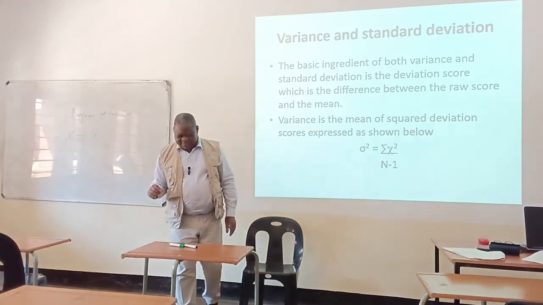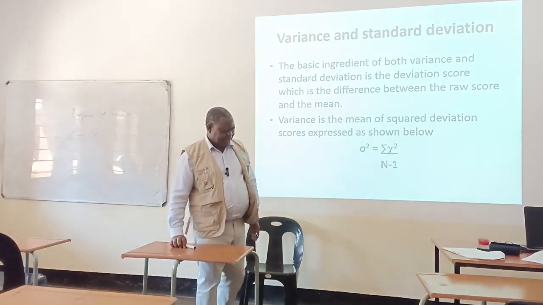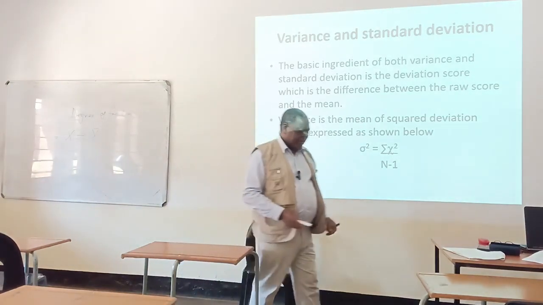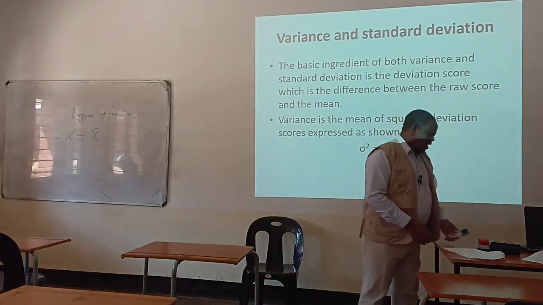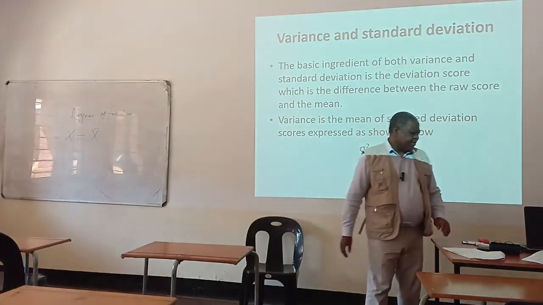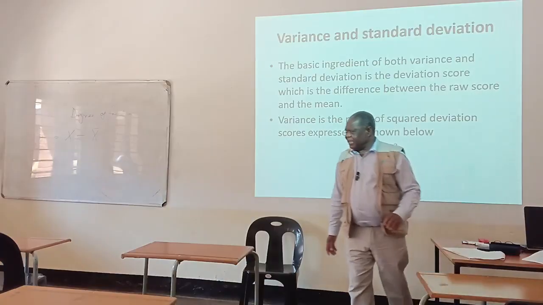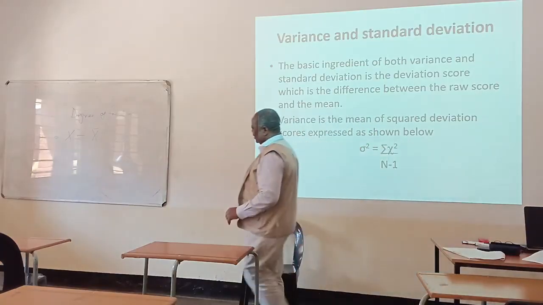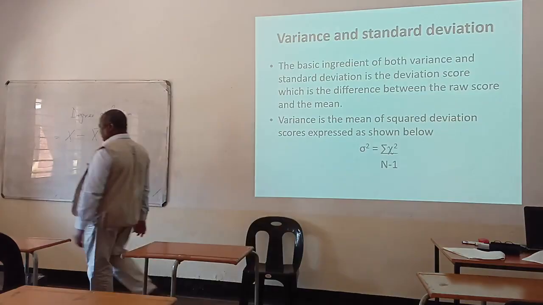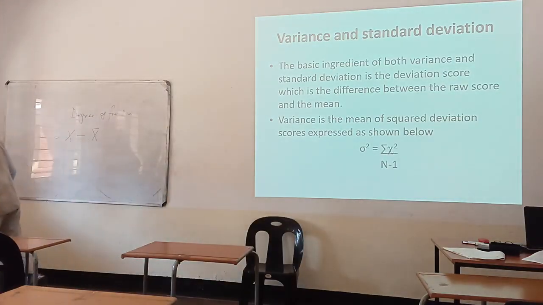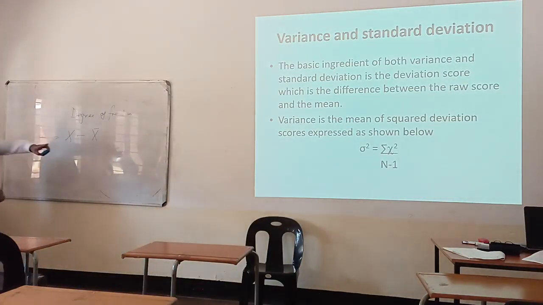I will discuss it in more detail later on, and especially for those doing introduction to statistics. But just for us to appreciate today, I thought we should talk about that. So that's why at the bottom there it is n minus 1, okay?